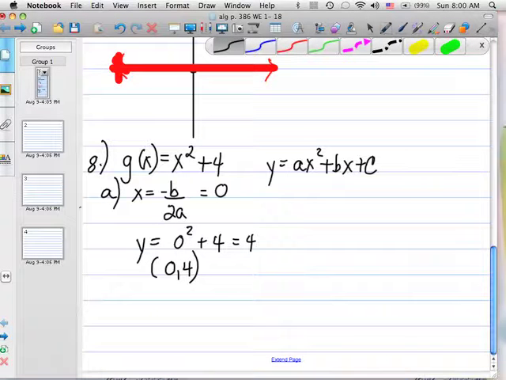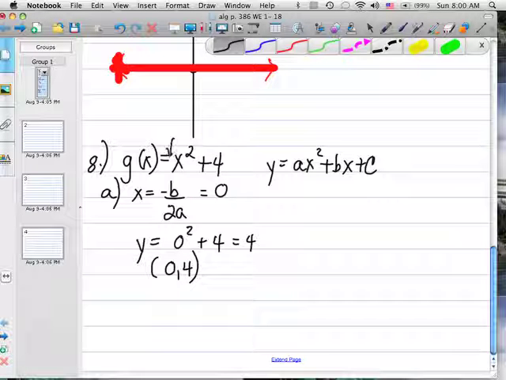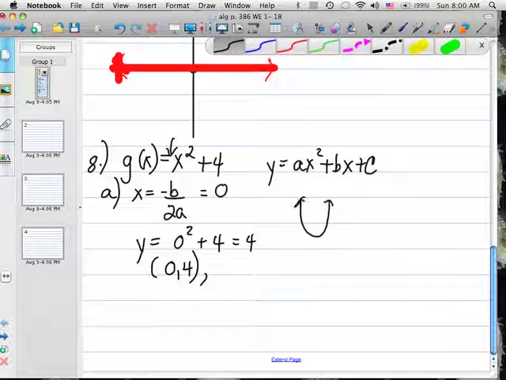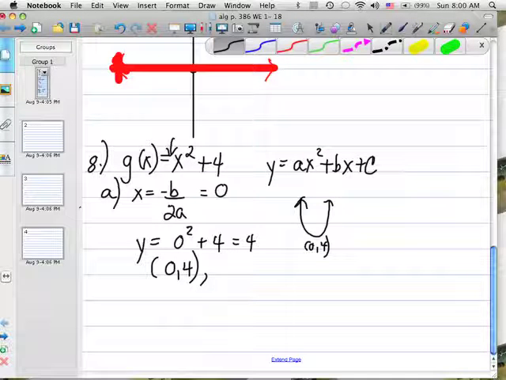And if we go back and look at the quadratic, the number in front of x squared is a positive 1, so it opens up. So if it opens up, 0, 4 has to be a minimum. So the least value is 4.